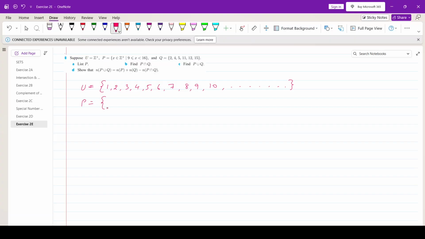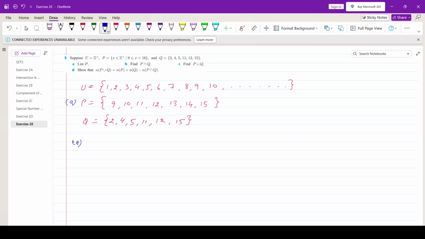The elements of P will be 9, 10, 11, 12, 13, 14 and 15, and the elements of Q are 2, 4, 5, 11, 12 and 15. Now the question is asking in part A, list P. So we have done it already.